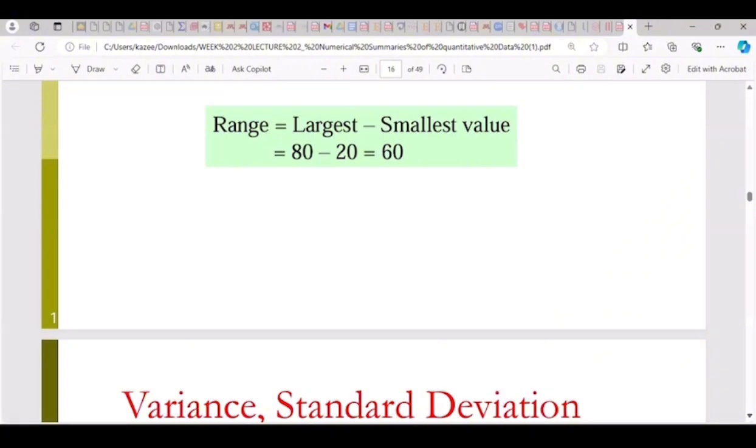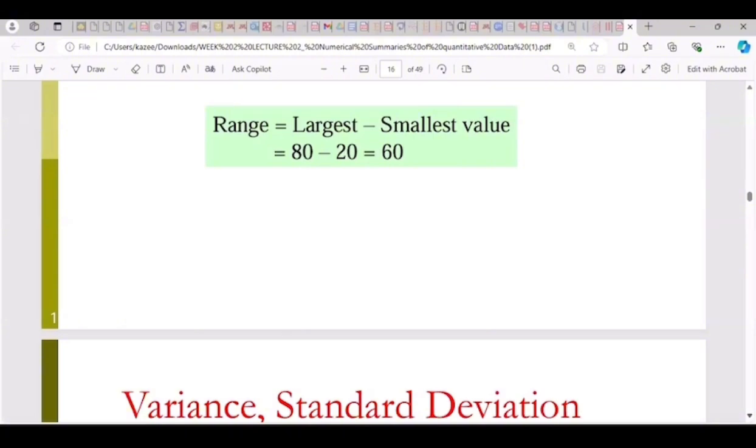But what is the limitation of the range as a measure of spread? Go ahead. Yeah, what is a limitation? Okay, yeah, that's a good one. You're very close.